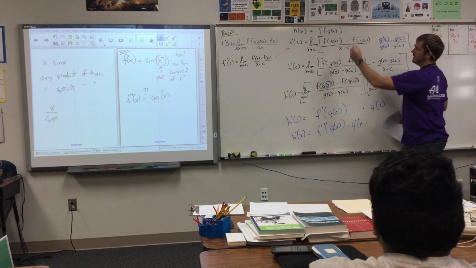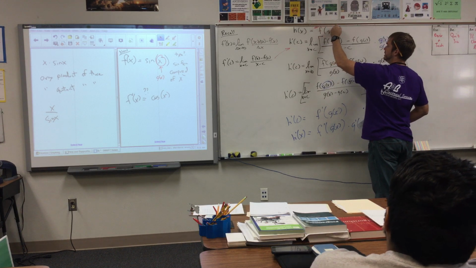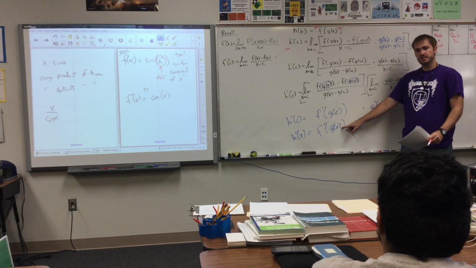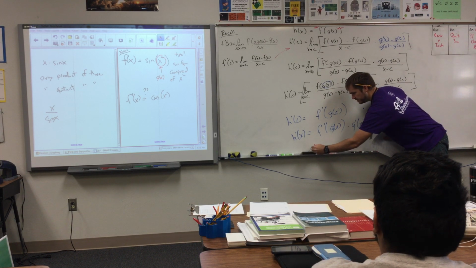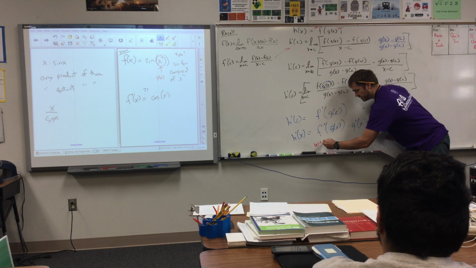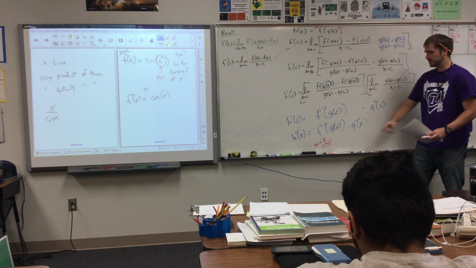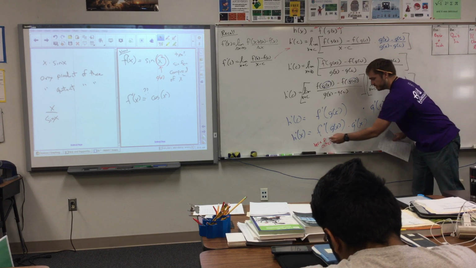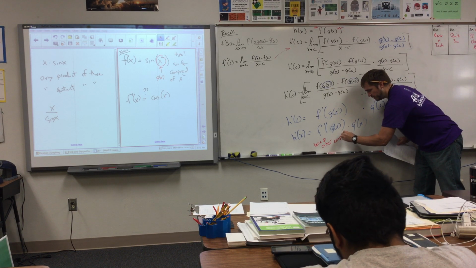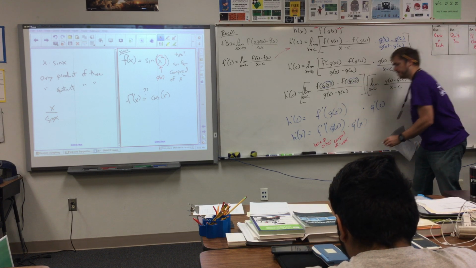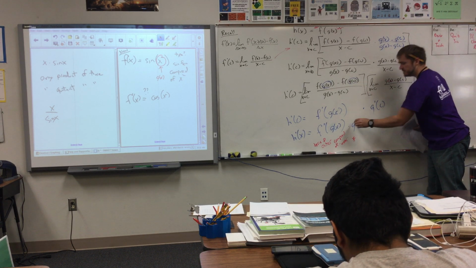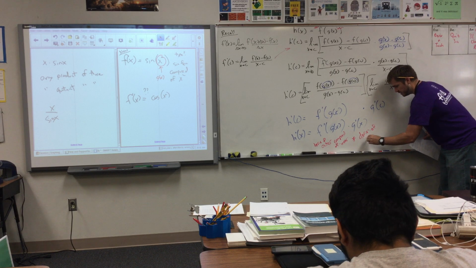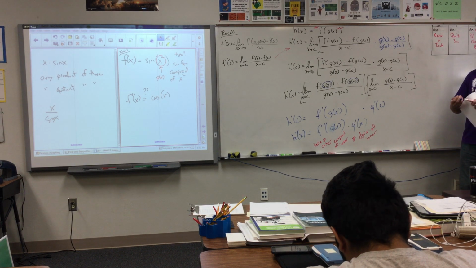So what we're looking at here, if f is the outer function and g is the inner function, then f prime composed of g of x is the derivative of the outer function composed of the inner function, times the derivative of the inner function.